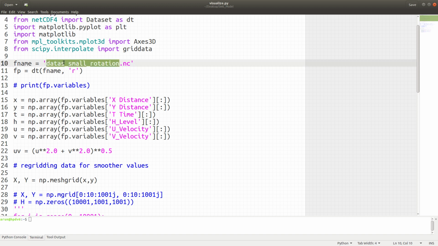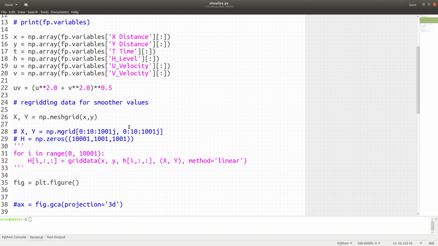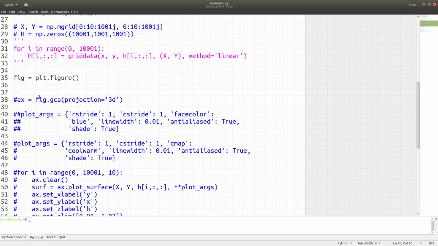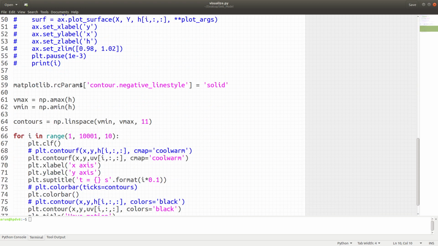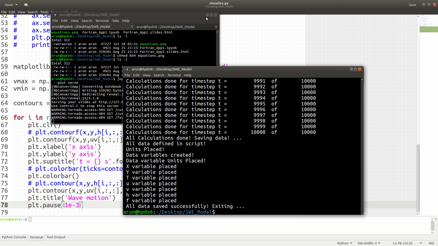This is the file name that I'm going to open. I extract these variables out, and afterwards I can do a bit of diagnostics myself. For now I'm just going to open up an empty figure, and then plot all the variables. I'm going to give a video simulation of how this looks. So let's open up my terminal.